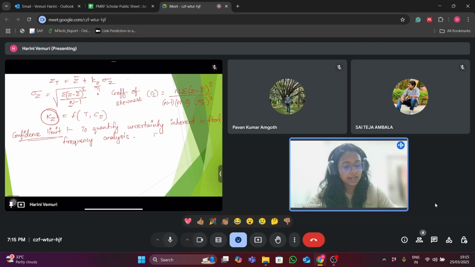So we will say that the flood value can come in between an upper limit and lower limit. Suppose we are saying we are 99% confident that the value can lie in between this range. So in 99% we are sure that the flood value that we are estimating will lie in between this range.